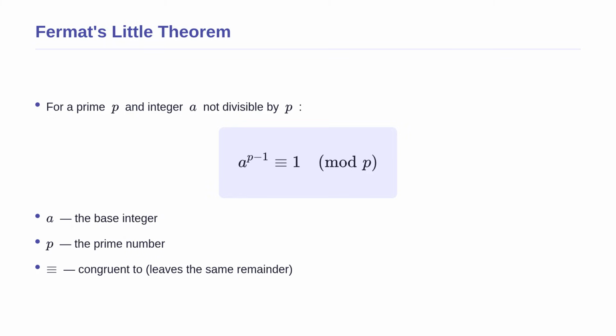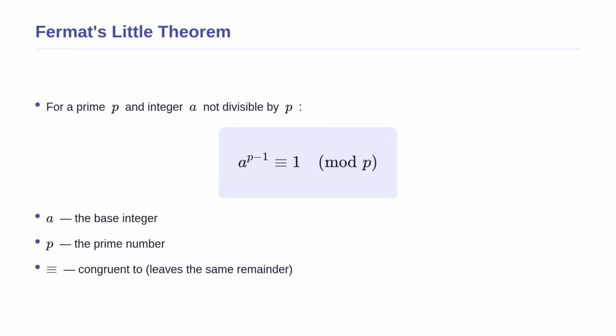Now that we understand the idea of clock math, let us look at the formal mathematical statement of Fermat's little theorem. The theorem states that if you take any integer a and raise it to the power of p minus 1, the result will always leave a remainder of exactly 1 when divided by the prime number p.